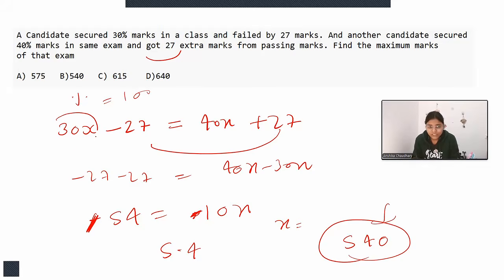That means he got this much of marks and he failed with this, right? So that 540 will be the answer.